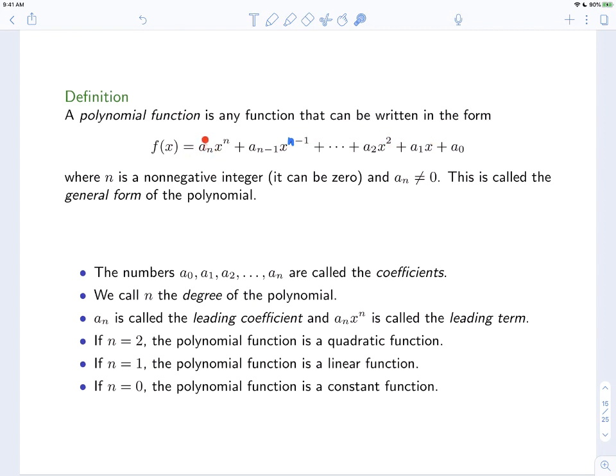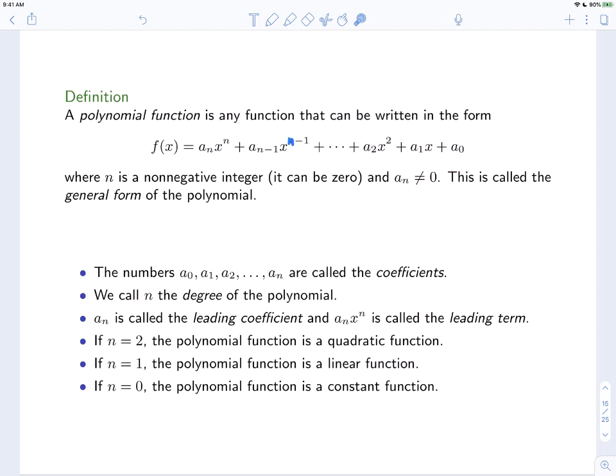So a sub n is the coefficient of x to the n, a sub n minus 1 is the coefficient of x to the n minus 1, a sub 2 is the coefficient of x to the 2 power, and so on and so forth. n is a non-negative integer, but it can be 0, which is the case here: a sub 0 times x to the 0.